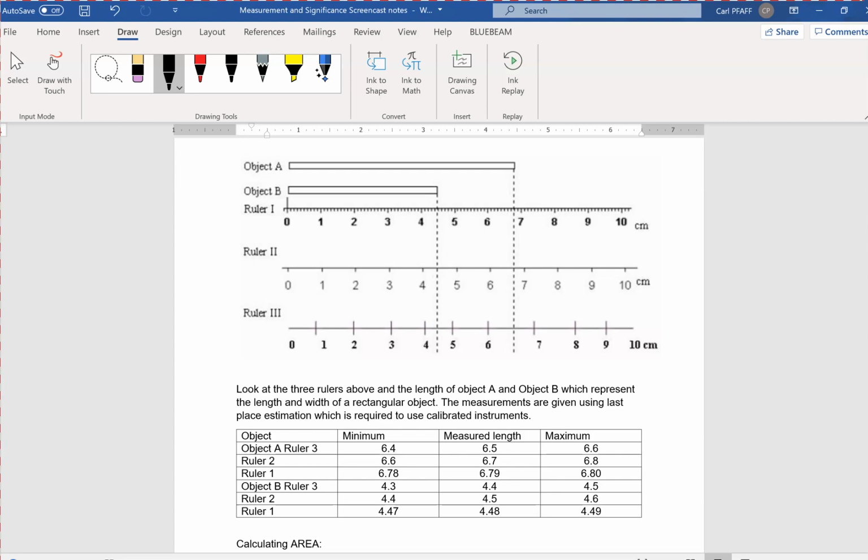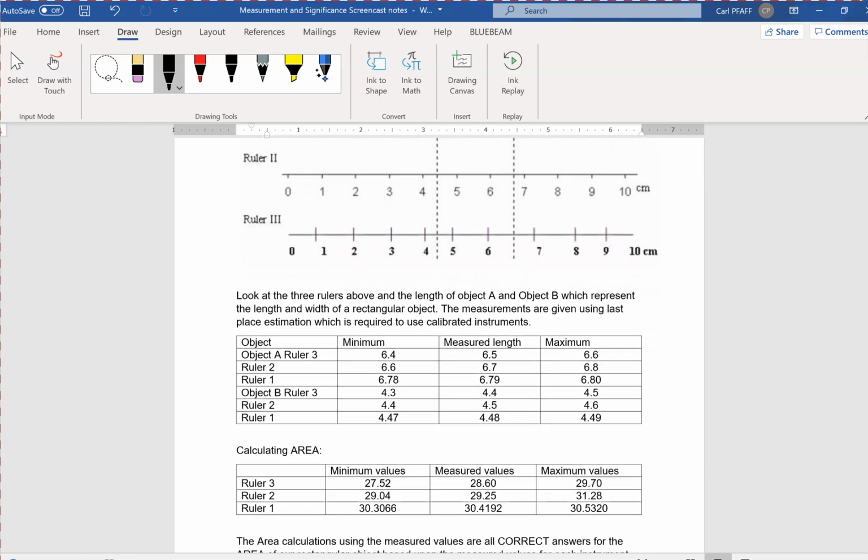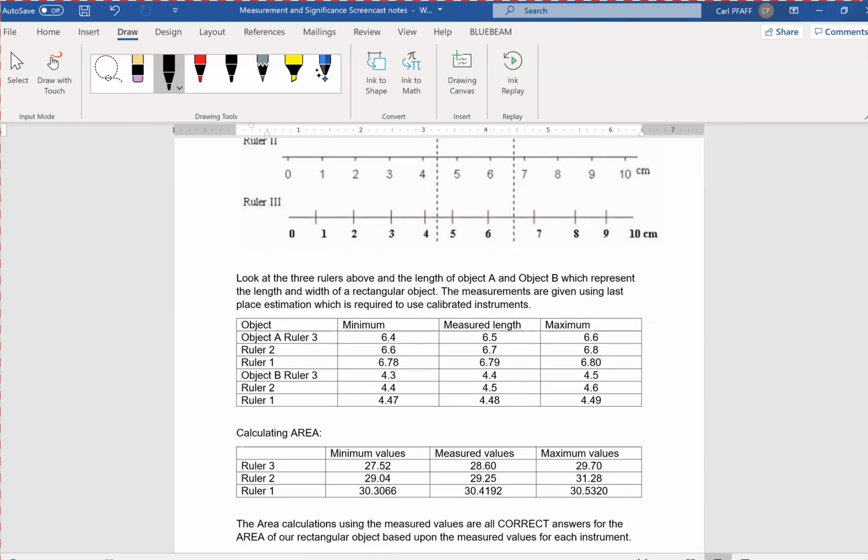Now, each of those values is going to have a certain amount of error associated with it. So when I calculate with my recorded values, I calculate the area, which is the length times the width, right? I get 28.6 using ruler number 3, 29.25 using ruler number 2, and 30.4192 using ruler number 1.